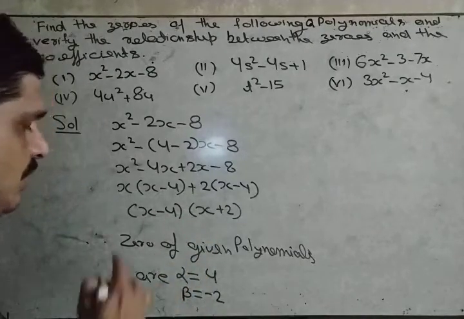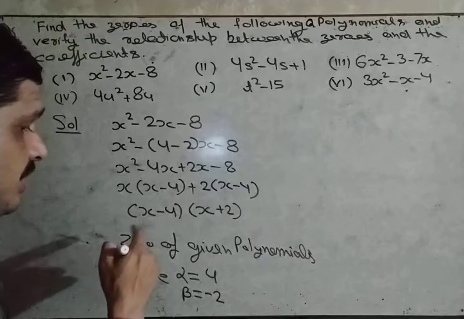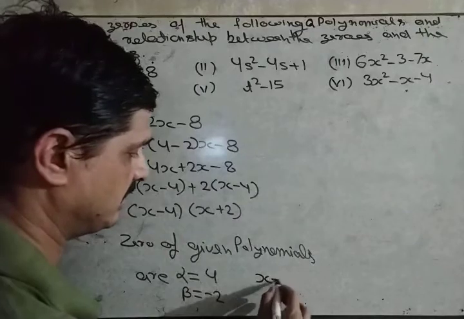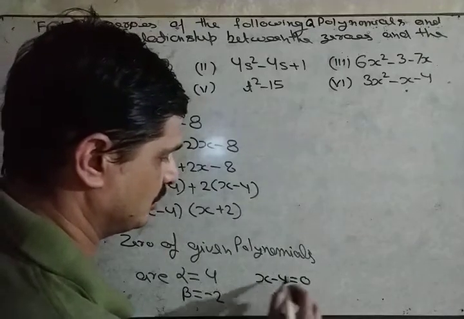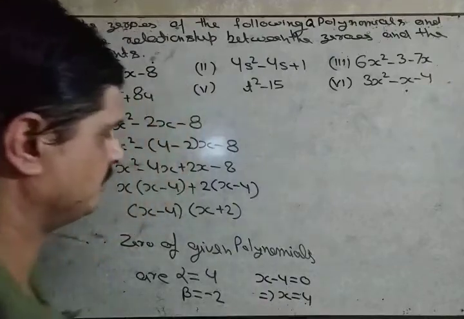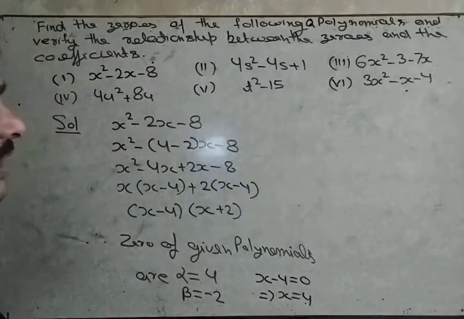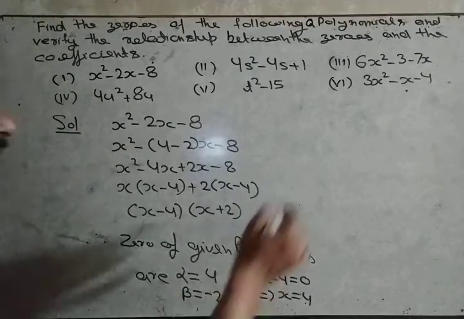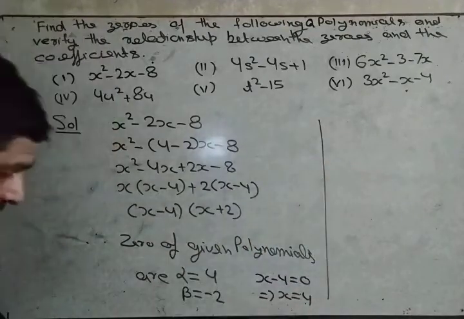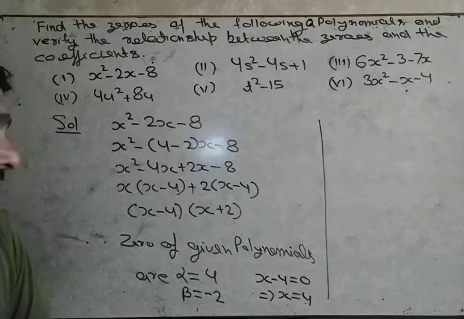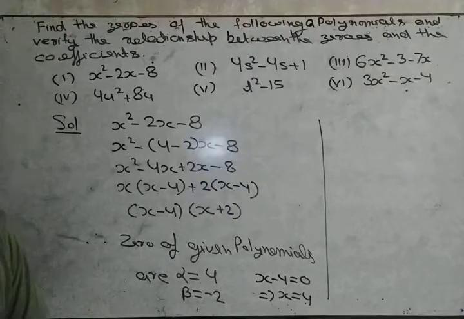This is the factor, and when you put x minus 4 equal to 0, this implies that x equals 4. Similarly, when you put x plus 2 equal to 0, then x is minus 2. Now we have calculated the roots over here. So half of the question is completed.